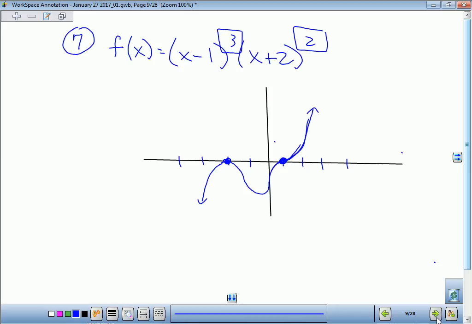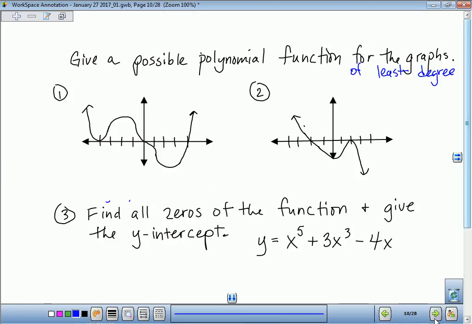Okay, so now let's go the other way. I give you the graph, you give me the equation. Okay, now, I have 2 examples here. We're going to do these, give a possible polynomial function of least degree. I added that because if it bounces, it's just a sketch and it's bouncing, it's tangent.